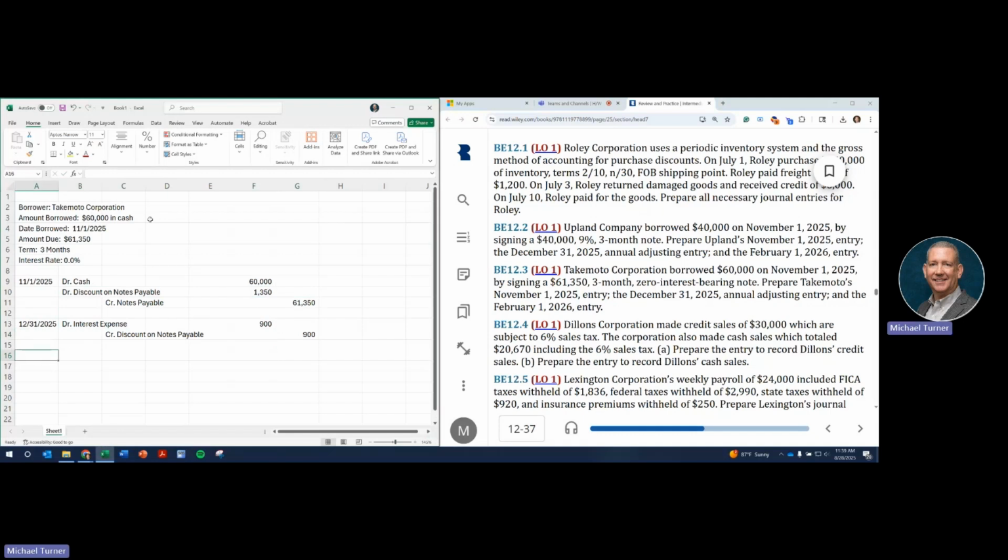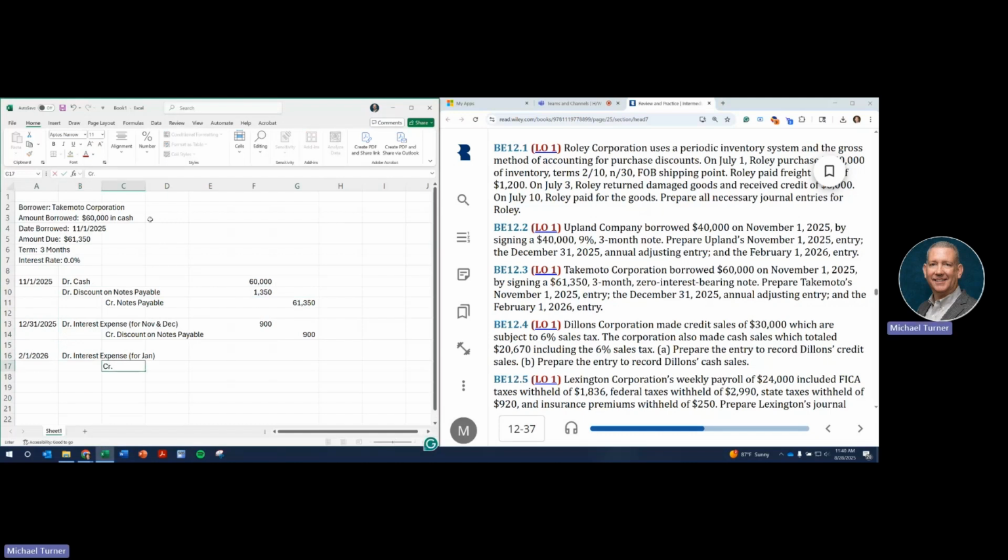Then we move to the final part of the problem, which wants the February 1st, 2026 entries. Let's start with the amortization of the final piece of the discount on notes payable. So just like we did in December, we're going to record some interest costs. This was for November and December, and this interest expense will be for January.